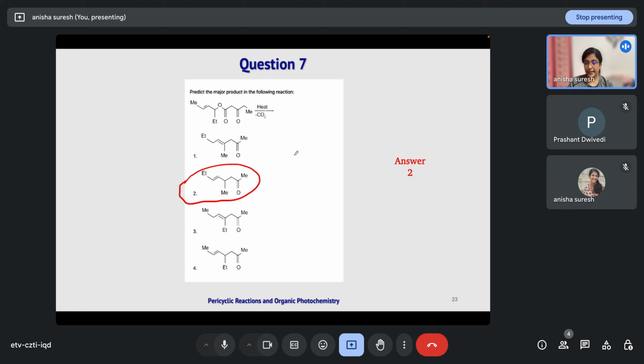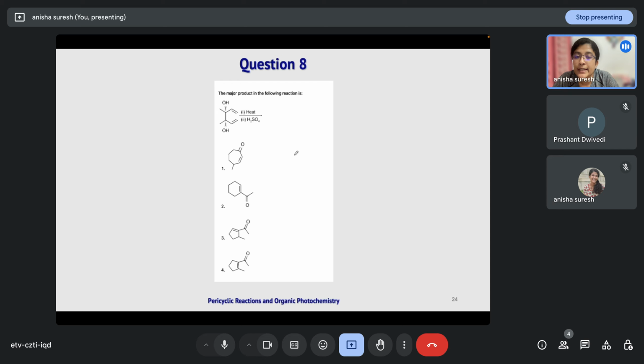Is there any doubt in the mechanism that we have discussed? If there are no further doubts, we can move to question number 8.